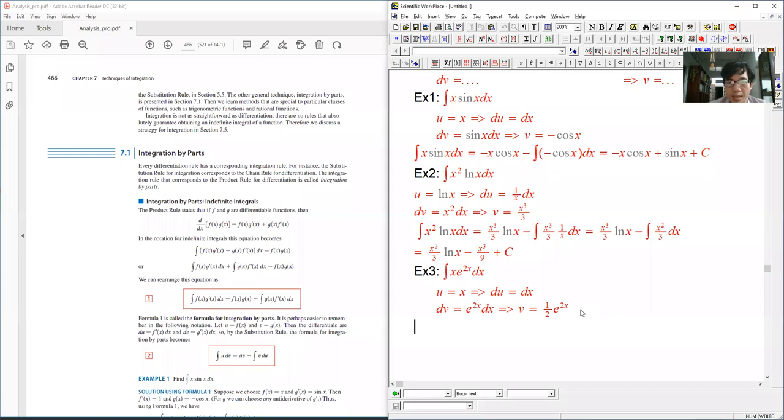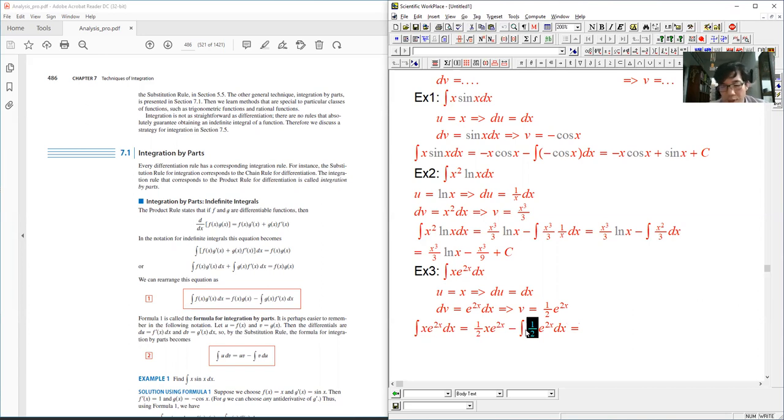And we rewrite this formula again: this equals 1/2 x e to the power 2x minus the integral of v du dx.